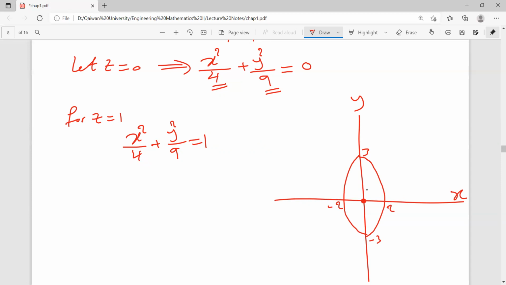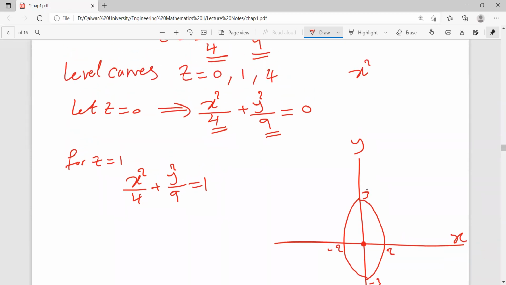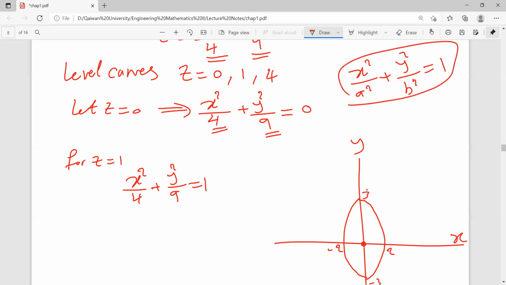Let me write down the general form of the equation of an ellipse here. We say x squared over a squared plus y squared over b squared equals 1. It must be 1. And also we can say y squared over a squared plus x squared over b squared equals 1.